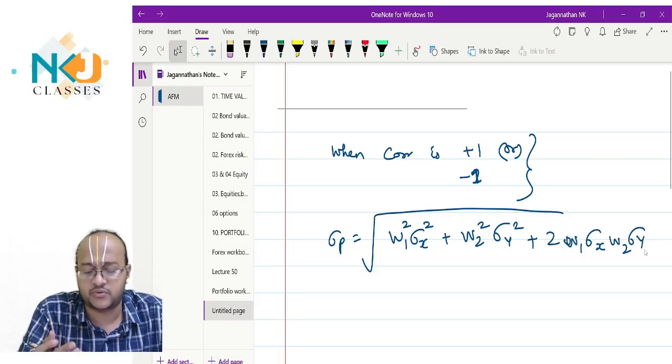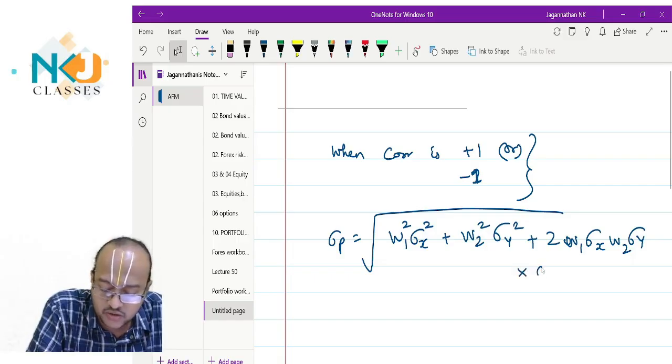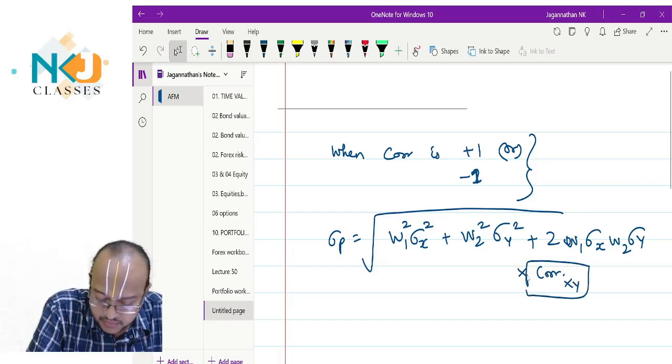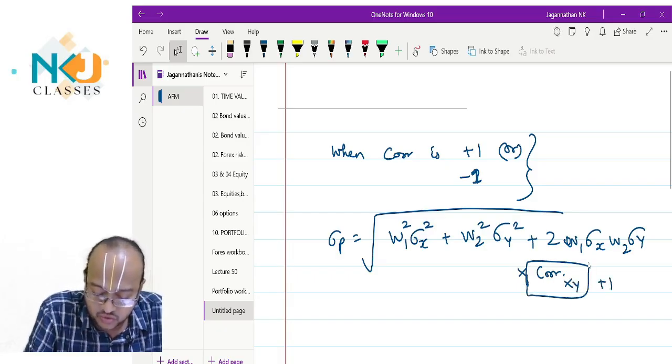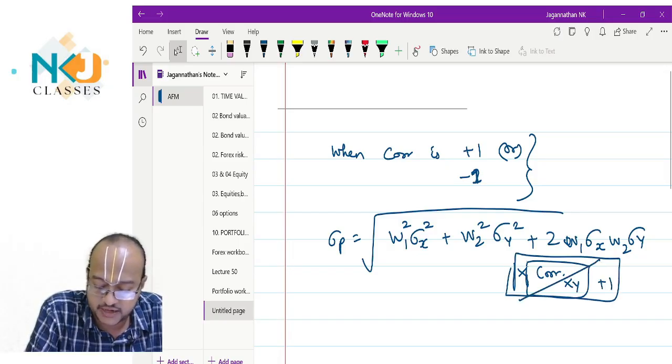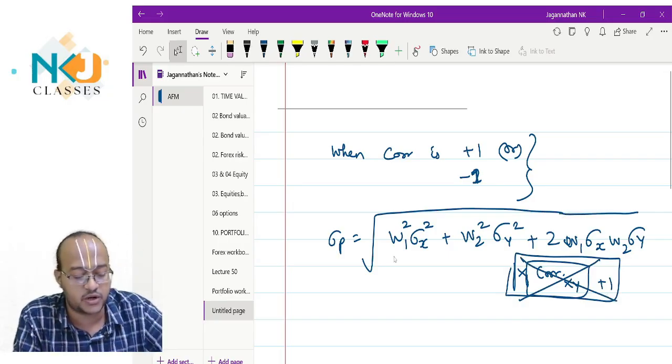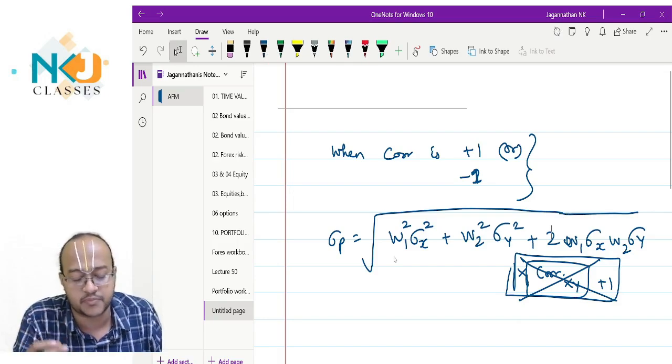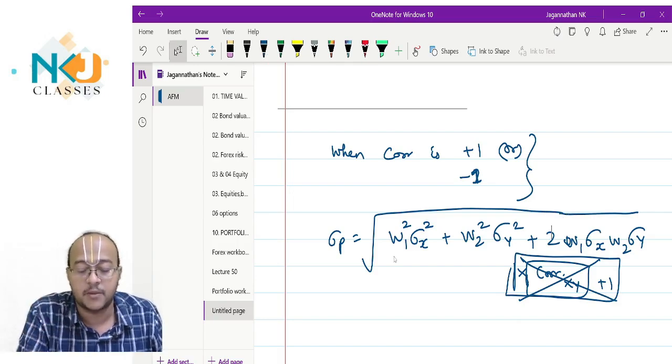Or you can write 2 into w1 w2 sigma x sigma y, into correlation of x and y, correct? If this number becomes +1, there is no need to put this number. This entire number will vanish. In that case, what will be the remaining formula? W1 square sigma x square plus w2 square sigma y square plus 2 into w1 w2 sigma x sigma y.